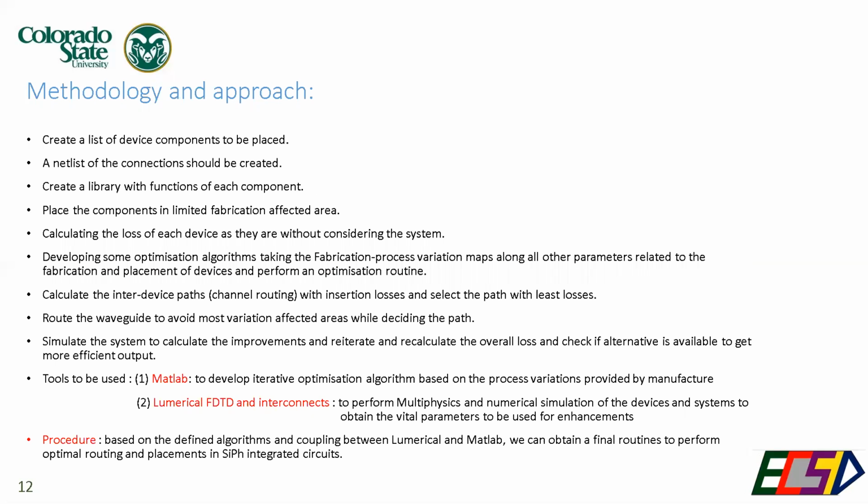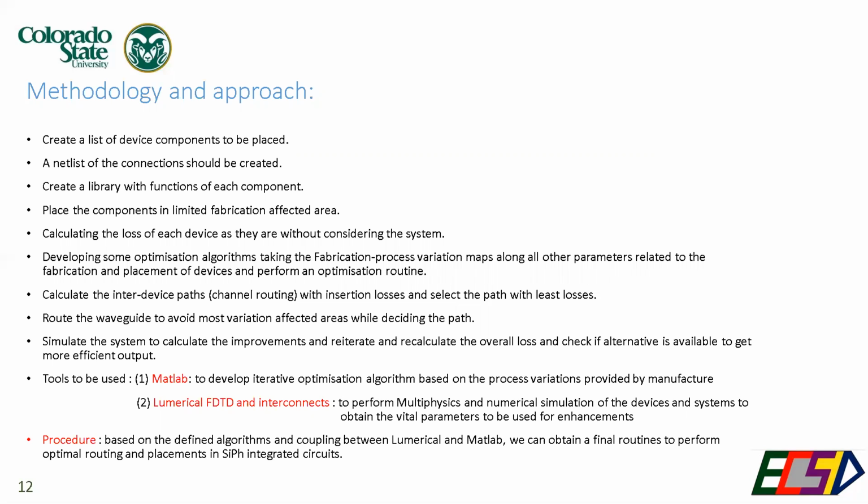The method that we are going to use is, first, we create a list of the devices, a netlist of the connections, and also a library of the functions of each component. We place the components in limited fabrication-affected areas using some optimization methods, calculating the loss of each device as it is without considering the system level, and developing such an algorithm to do this task in an optimal way.